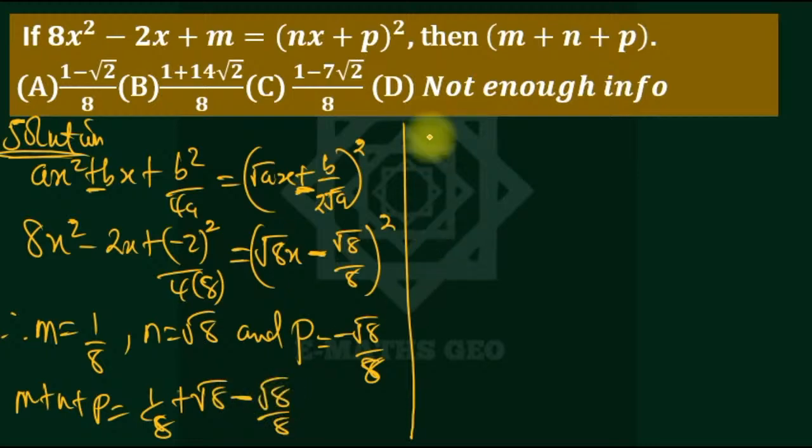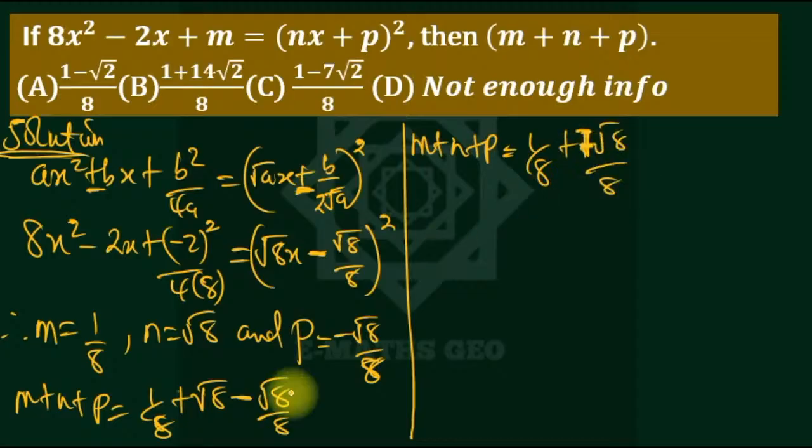And this is now 1 over 8 plus 7 root 8 over 8. Yes, root 8 minus root 8 over 8 is 7 root 8 over 8.